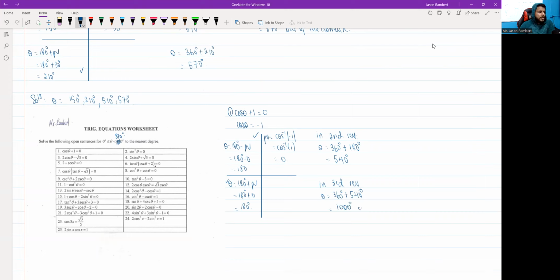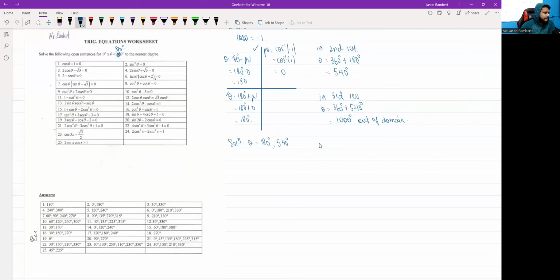It is out of the domain. So my solution states that theta will be 180 degrees and 540 degrees for this given domain: 0 degrees is less than or equal to theta is less than or equal to 870 degrees.